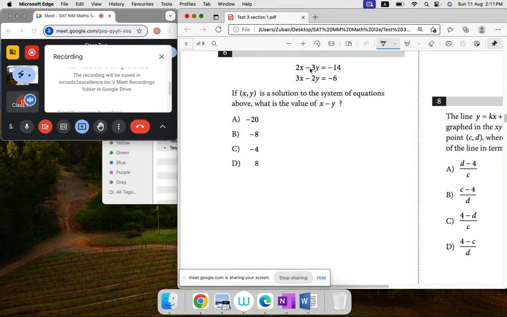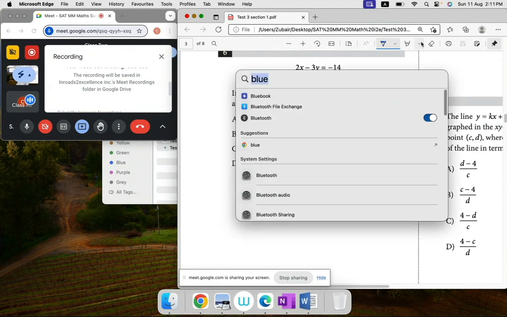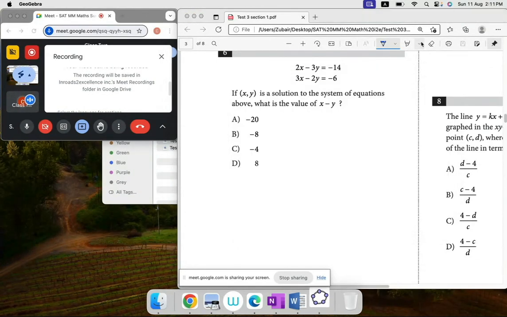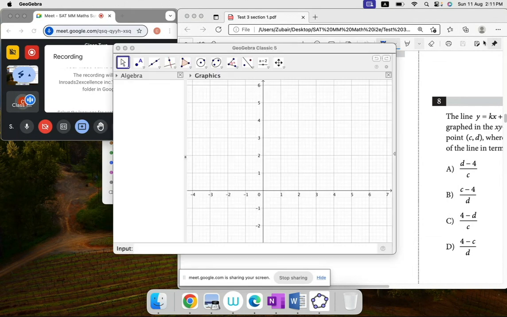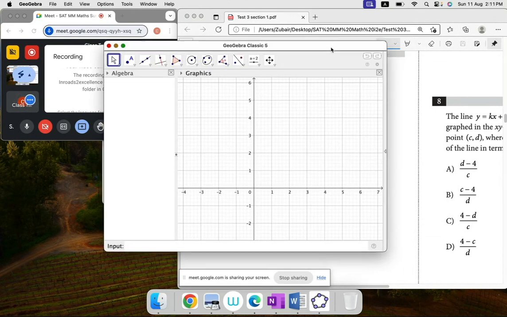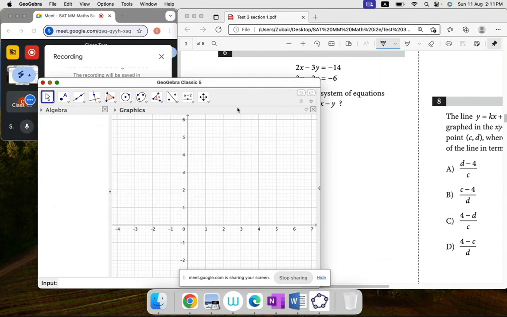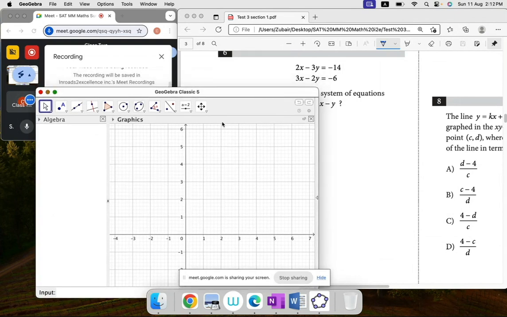Simultaneous equations. Now I would be solving these, but in Desmos, you can do this. You just click that calculator in the top right corner and punch in these two equations: 2x minus 3y is equal to minus 14. One equation done.